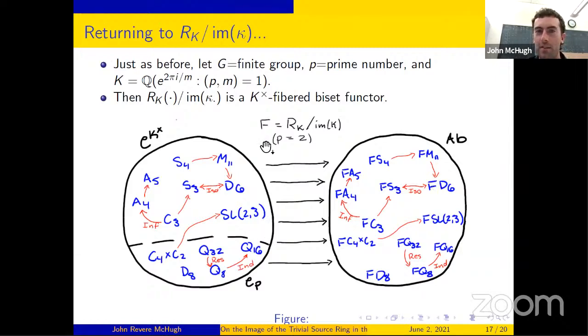And I'm plugging it in, and I'm getting all of these groups, R_K of G mod the image of kappa G. These are the groups that showed up in that table. In this picture, I've singled out the subcategory of P groups, because the conjecture is that this quotient is determined by what's going on at this lower level. At least that's what the computations in the table seem to indicate.